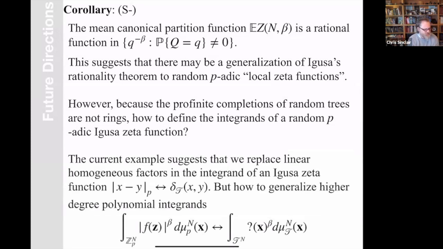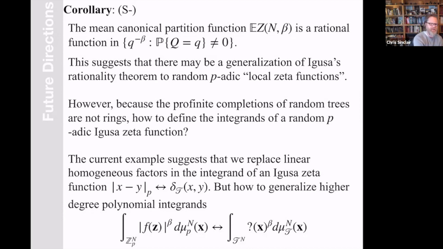But there is a suggestion here that basically says that, well, if your polynomial splits into linear factors, a product of homogeneous linear factors, like the Vandermonde, or like one of Joe's integrands where he puts the different S_ij's on the Vandermondes, right? Those we know how to generalize. I basically would replace every absolute value of a linear factor with the distance on my tree between 2 points.